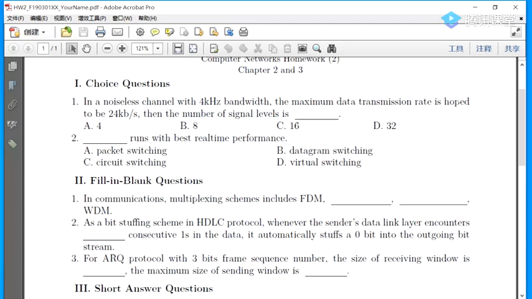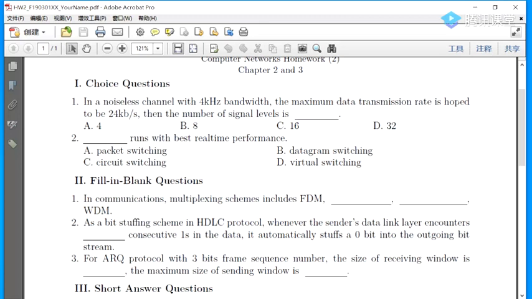So I explain the exercises and homework in detail. So after the illustrations in this class, I believe most of you will finish the homework easily.